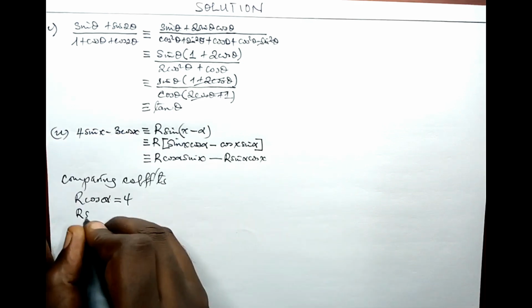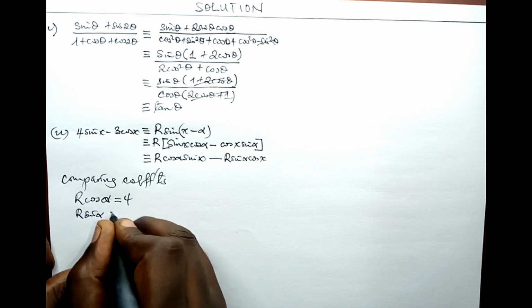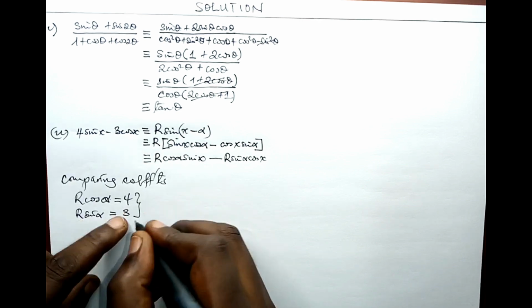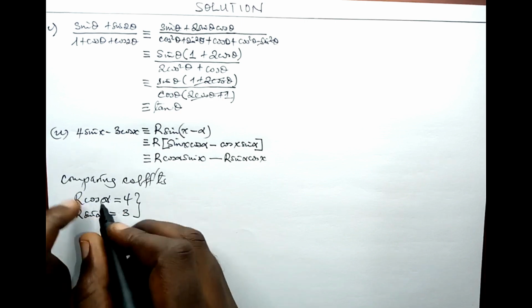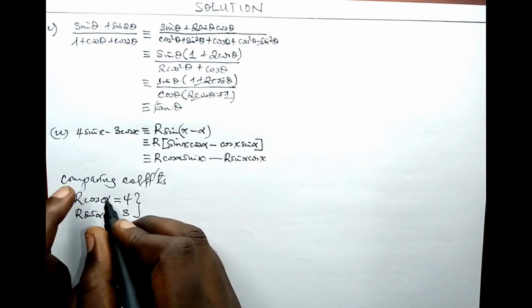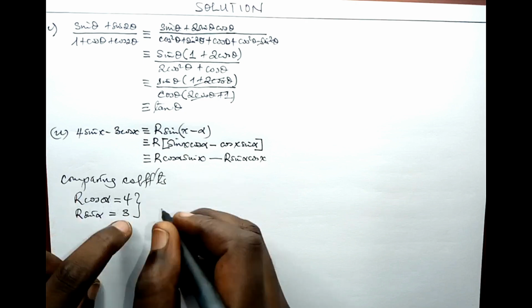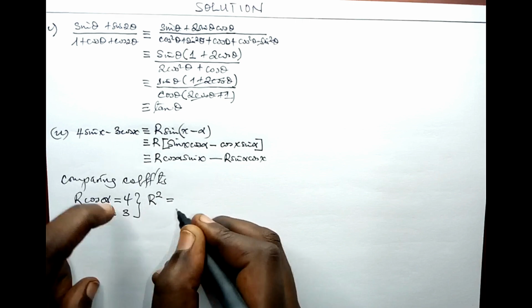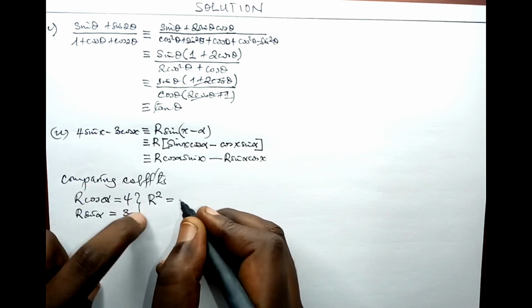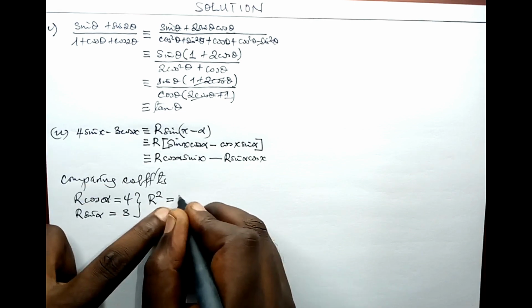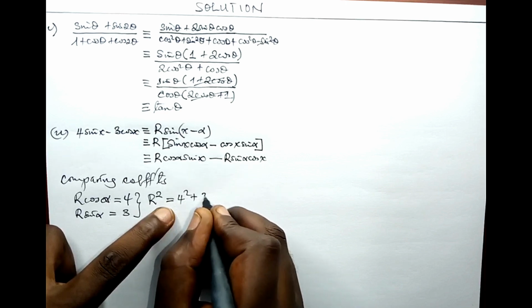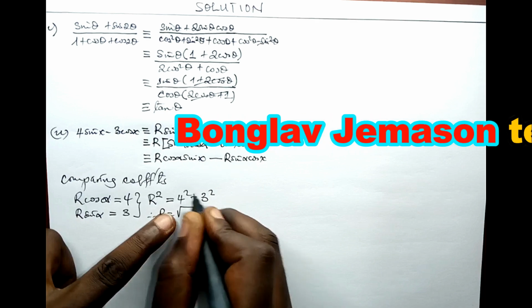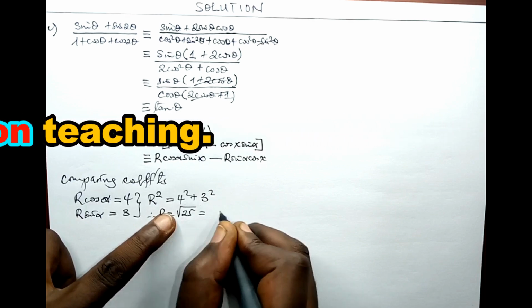So r sine alpha should be equal to 3. With these two, if I square both sides and add, cos squared plus sine squared gives me 1. So simply when you arrive here, just say r squared equals the sum of the squares of these two numbers, which is 4 squared plus 3 squared. Therefore, r would be the square root of 25, which gives 5.